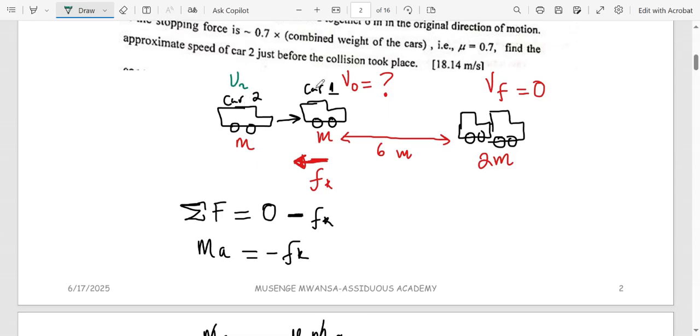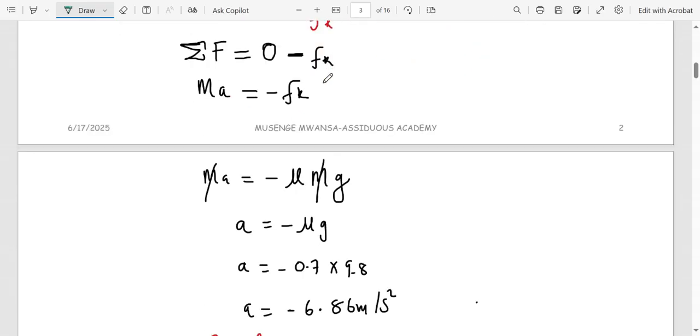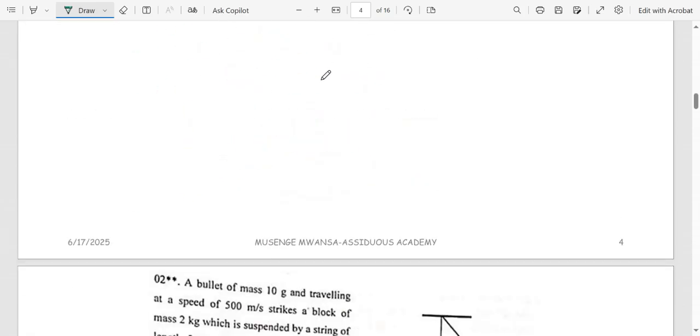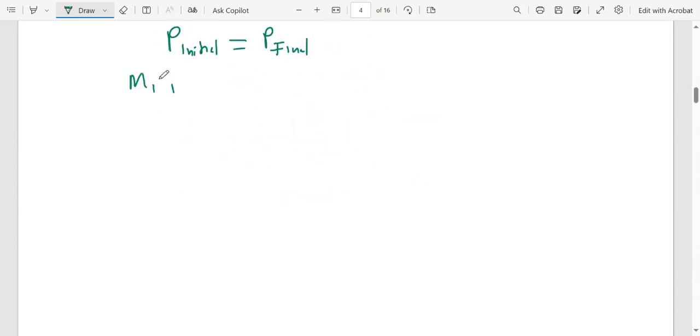That's the initial velocity. So we're going to say m1 u1 plus m2 u2. This is the initial momentum.